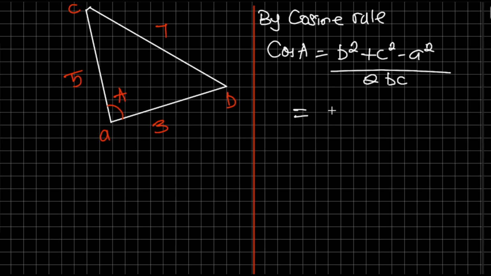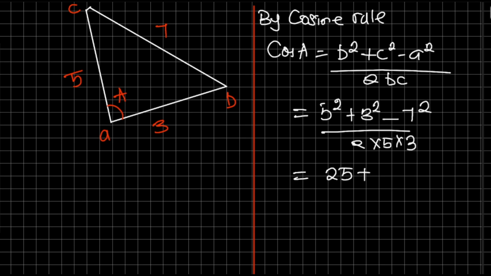So substituting values, b squared will be 5 squared plus 3 squared minus 7 squared, all over 2 multiplied by 5 times 3. We have 25 plus 9 minus 49, all over 30. So 9 minus 49 is minus 40, and 25 minus 40 will be minus 15.